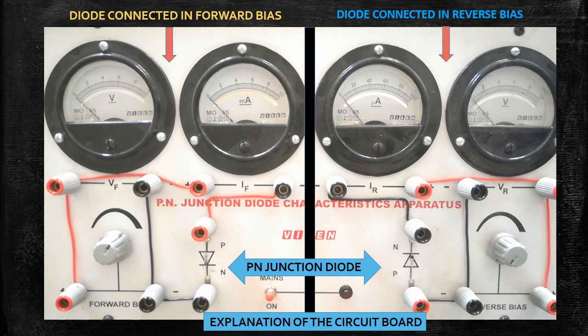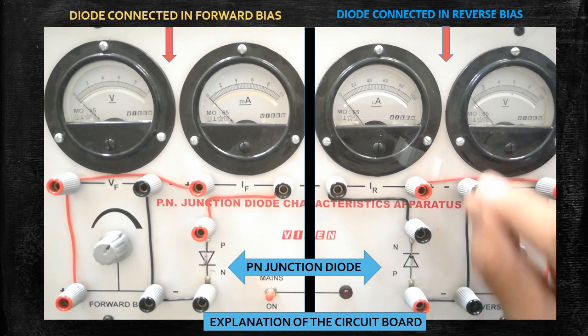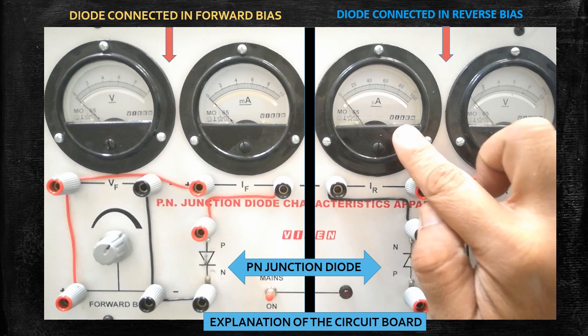Here also we have to vary the voltage. With the help of the knob, we vary the voltage which is supplied across the diode. That is called reverse voltage. While varying the reverse voltage, there will be a corresponding change in the current. That is called reverse current.